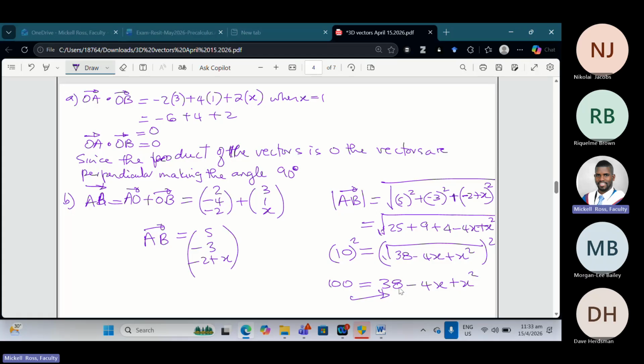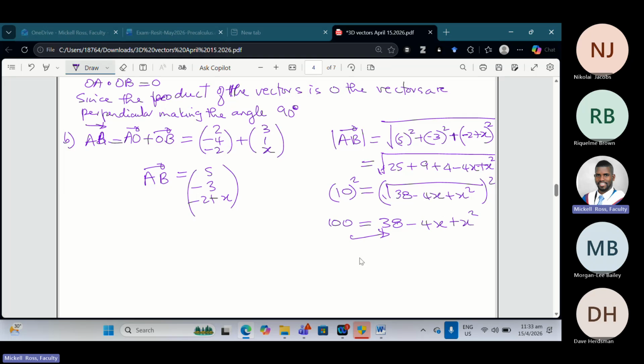Get it into a quadratic: 0 is equal to 38 minus 100 minus 4x plus x squared, so 0 is equal to negative 62 minus 4x plus x squared. Now we can use the quadratic formula to solve this and see what we get for the answer.